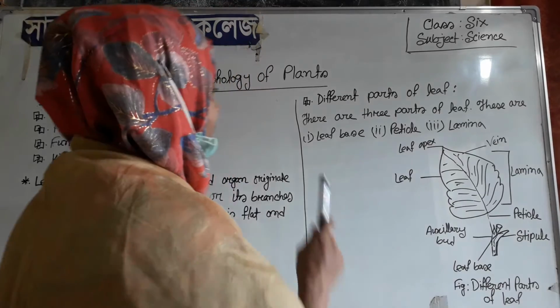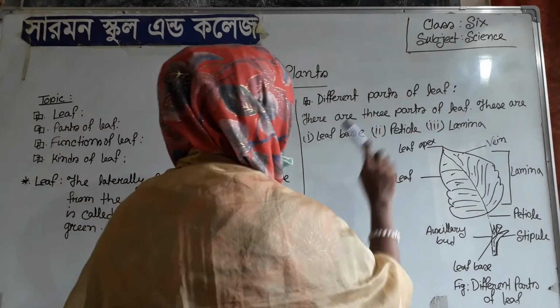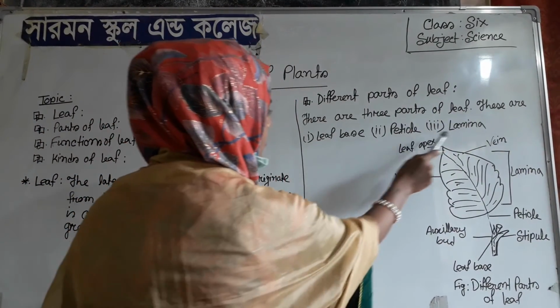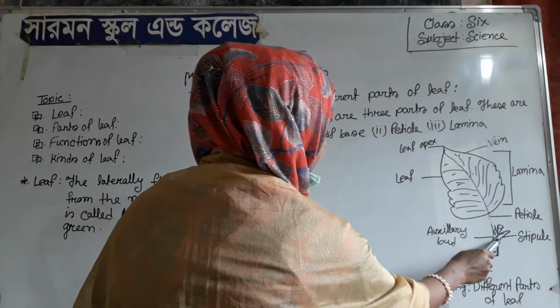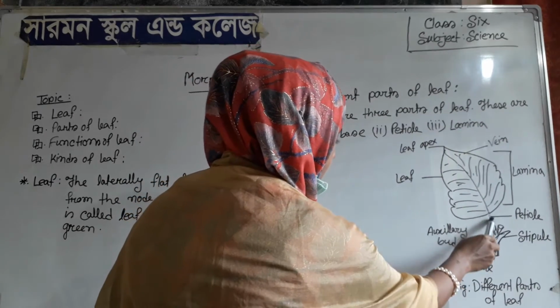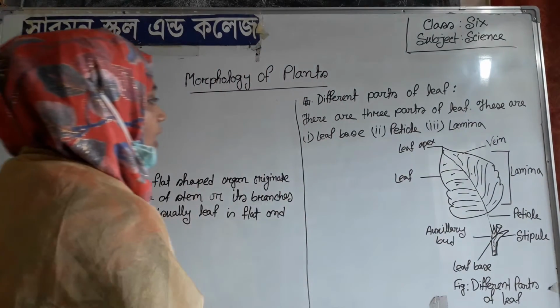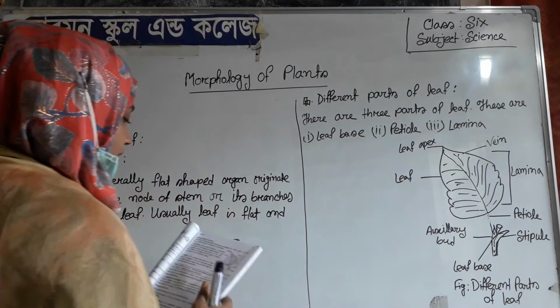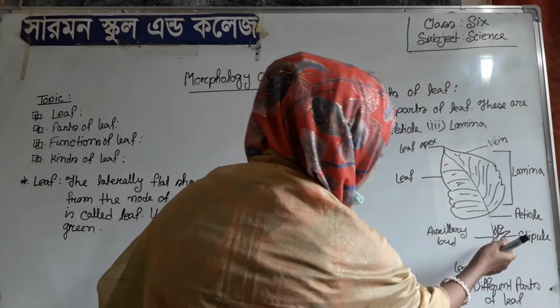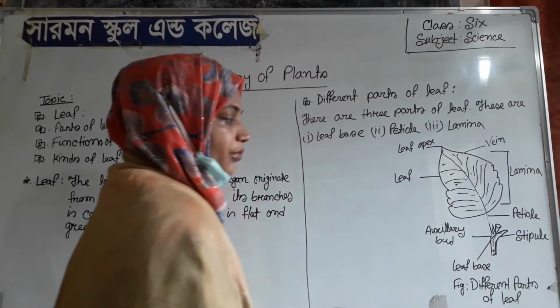Now again, there are three parts of leaf, and these are leaf base, petiole and lamina. This part is the leaf base, this part is the petiole, and the whole part is lamina. Generally leaf base is attached to the stem or branches.